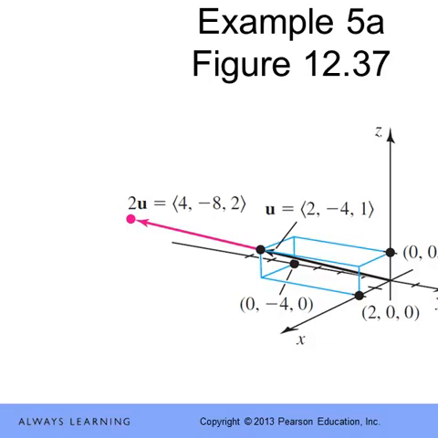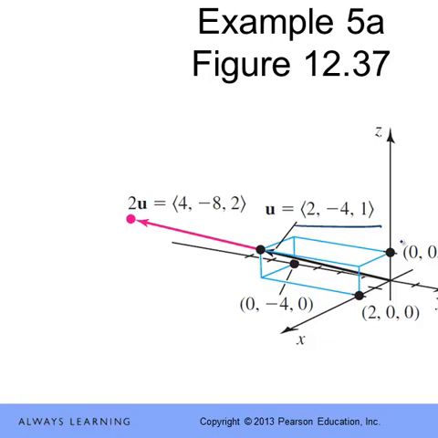You can combine two vectors. Let's take a look at example 5a. Here's a specific example where you have a vector u with the components 2, -4, 1. Here's vector u, that's the black vector here.